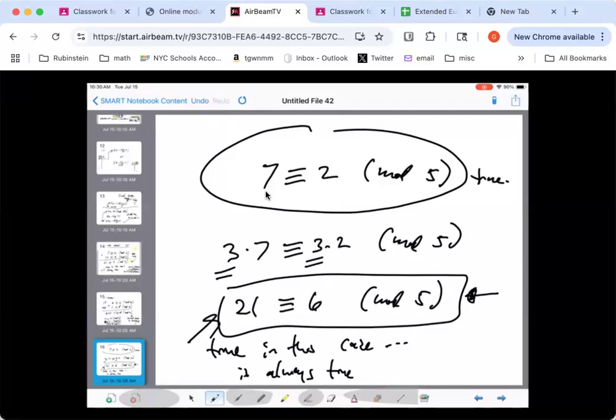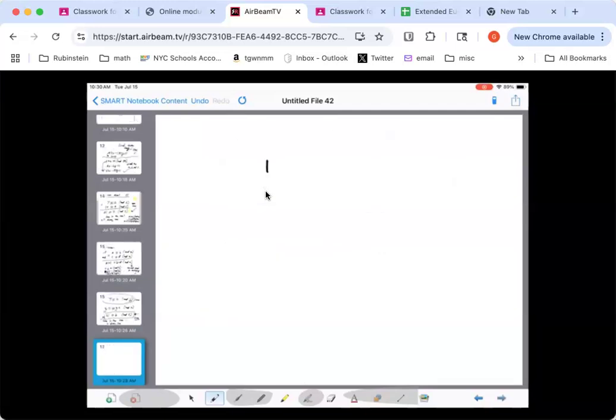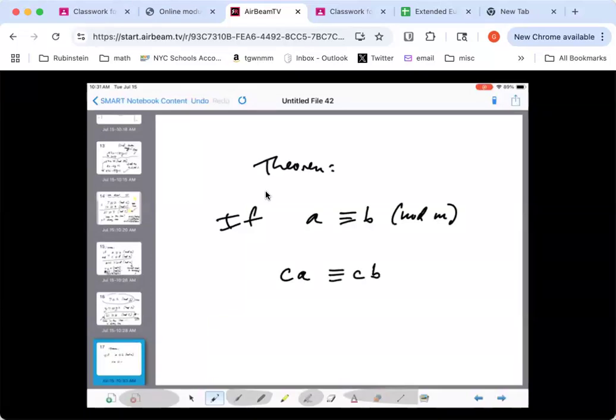That's right, and it is. Sometimes when you multiply them together, you end up with something bigger than the mod, but that's okay. So it turns out it is true in this case. And theorem, if it's true that A is congruent to B for whatever the numbers are, then CA is going to be congruent to CB mod M also.